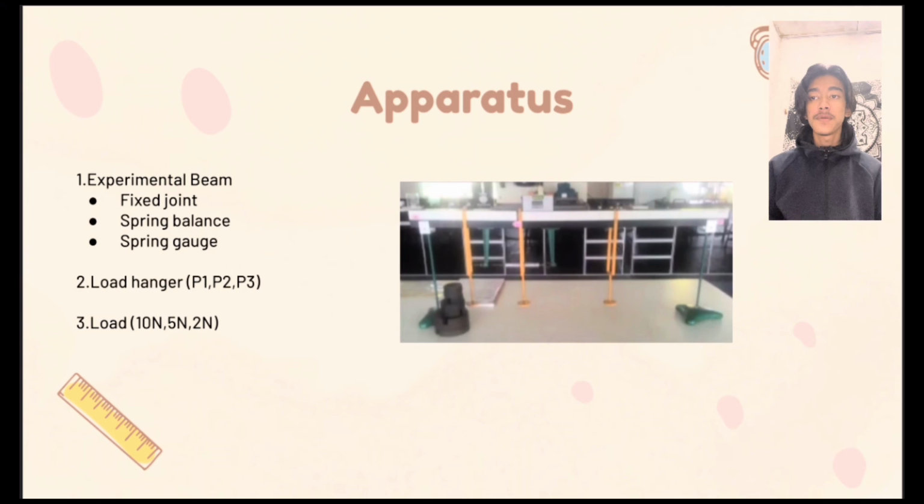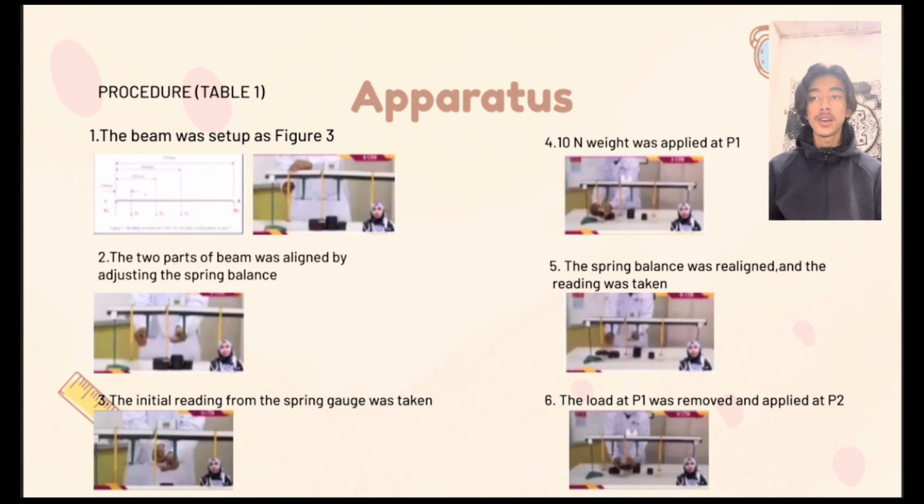For the first procedure, for table 1, the beam was set up as in figure 3. The two parts of the beam were aligned by adjusting the spring balance. The initial reading from the spring gauge was taken. A 10 Newton weight was applied at P1, the spring balance was realigned, and the reading was taken.